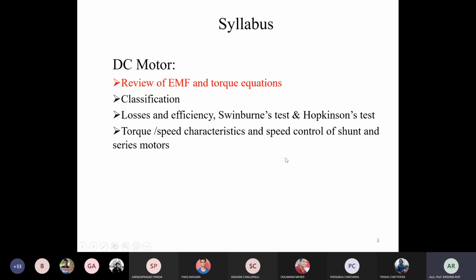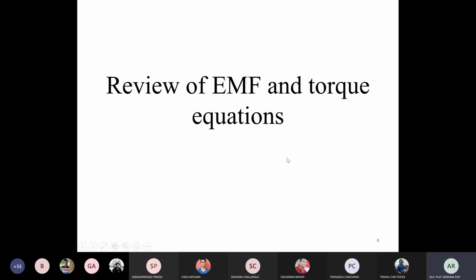So DC machine is basically a rotating machine which can be used both in generating mode of operation as well as in motoring mode of operation. That means it is basically an electromechanical energy conversion device.